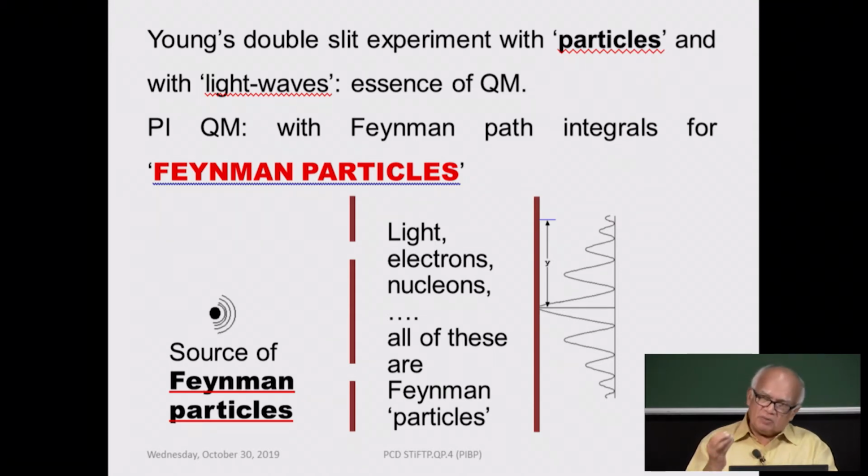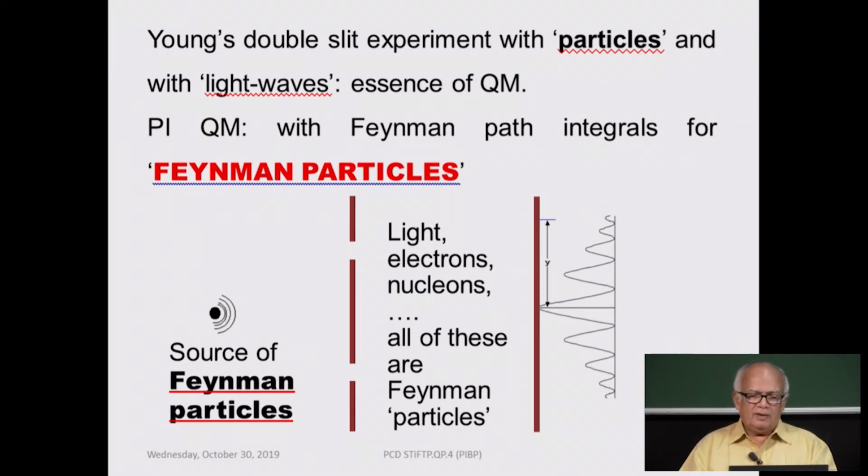Feynman talks only about particles, whether it is light or electrons. There are only these Feynman particles. Okay? And you have got a source of Feynman particles. It can be light, it can be electrons, it can be anything else with which you are conducting the experiment.